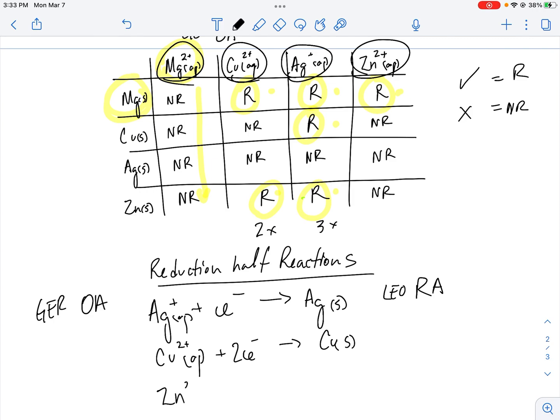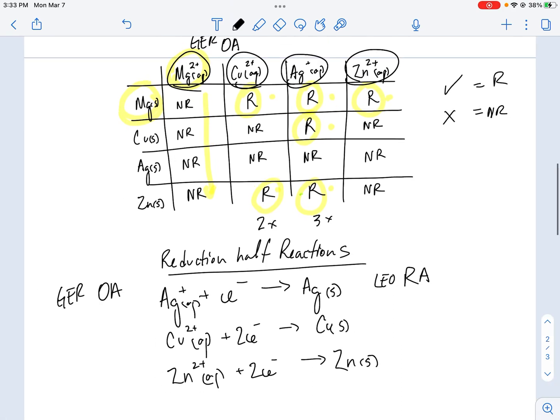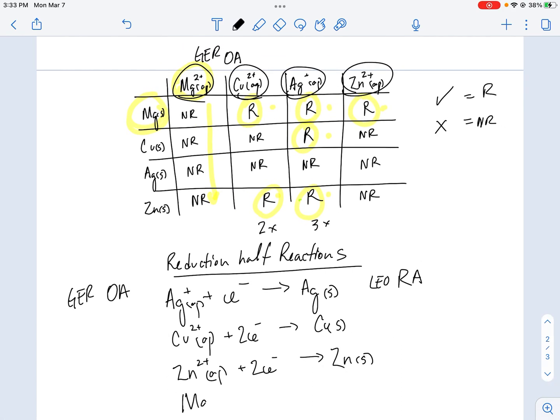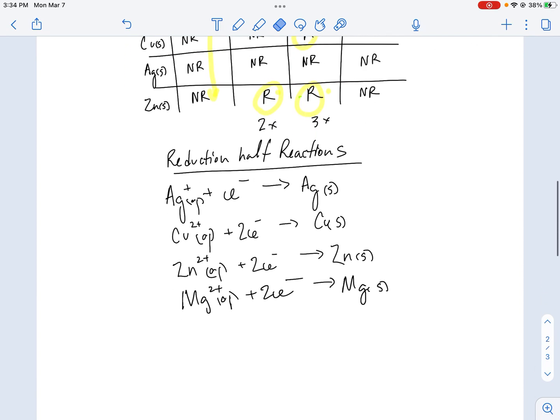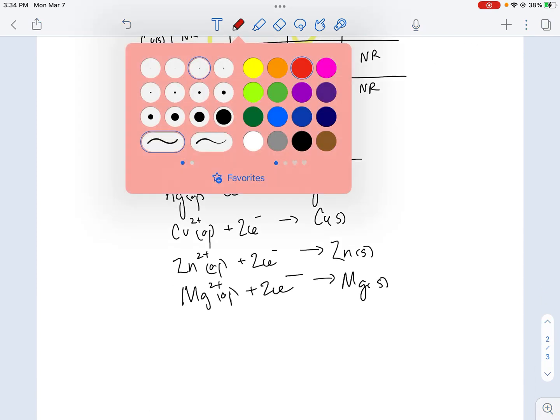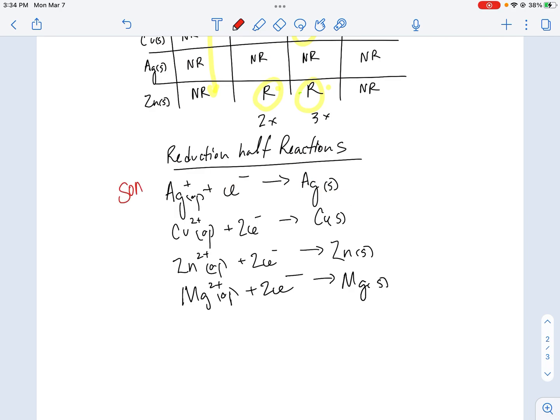So my zinc ion was the next strongest oxidizing agent. And then my worst oxidizing agent was my magnesium ion. So the way this table is organized is that my oxidizing agents on the left-hand side are organized from my strongest oxidizing agent to my weakest oxidizing agent.